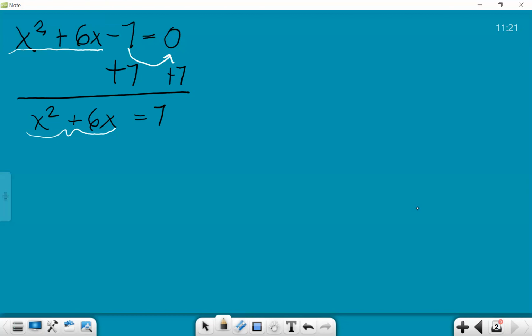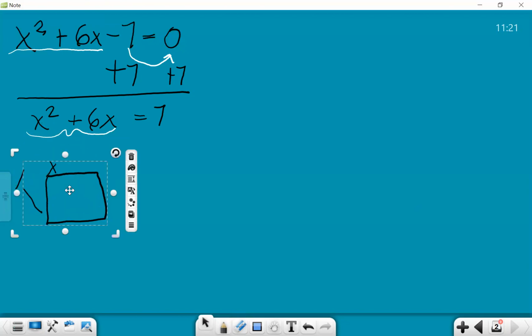We're going to talk about area. So x squared, if I were to think about x squared being an area, it would be the area of a square that is x by x. If you guys remember, the area of a square is side squared. So this square is x by x.